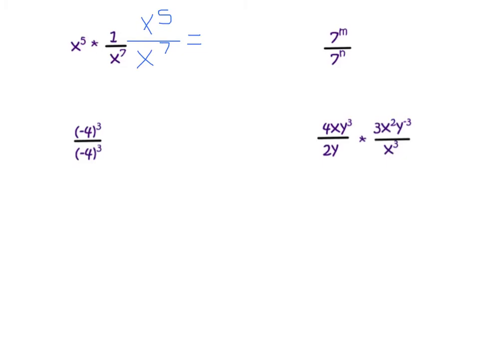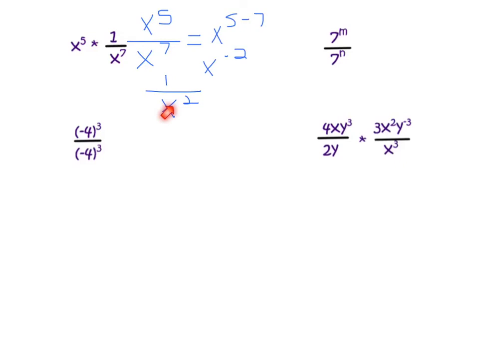You can think of this as division. 5 minus 7, so x to the negative 2, so the answer is 1 over x squared. I usually just think I have 5 x's up here, 7 down here, so if I cancel out 5 of these with 5 of these, I'm left with 2 in the denominator.